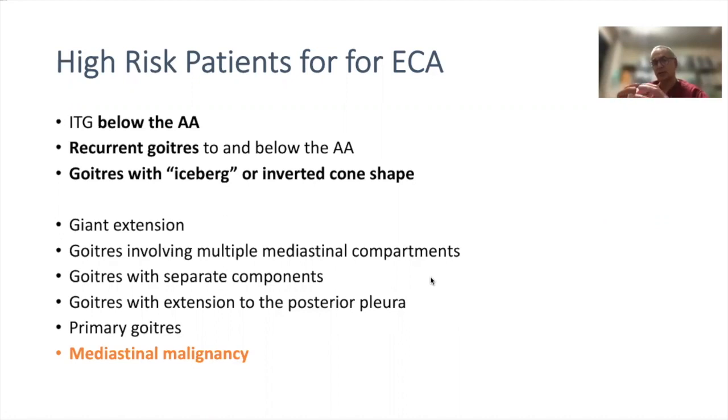Primary goiters, as I said, are goiters that are completely separate in the mediastinum, and then of course the malignancy, although my PhD did not specifically address the mediastinal malignancy.